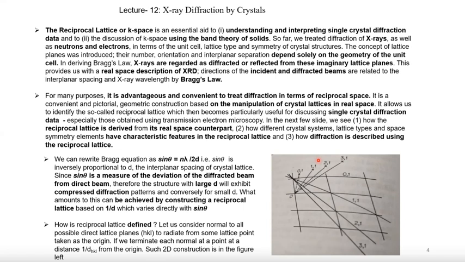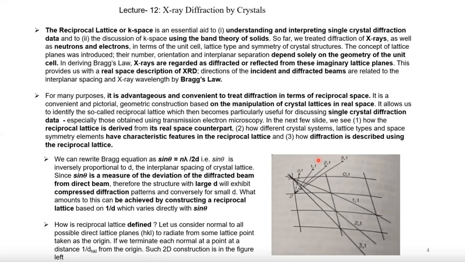Another technique, I told you, is electron diffraction data, and then neutron diffraction data. So when we want to determine the structure of solids using the reciprocal lattice, we take single crystal X-ray diffraction data or transmission electron microscopy data.